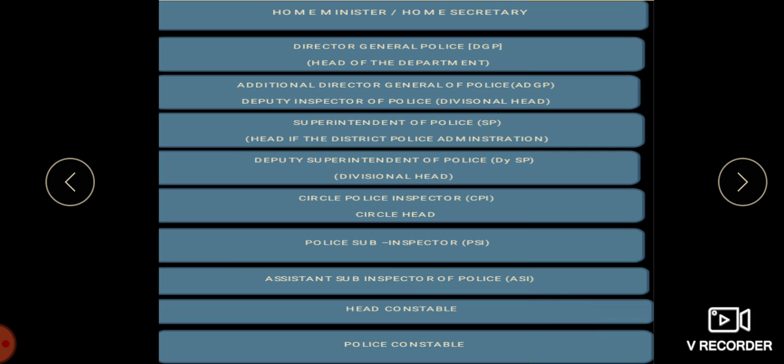So the police force performs a major role in maintaining the law and order of the state.